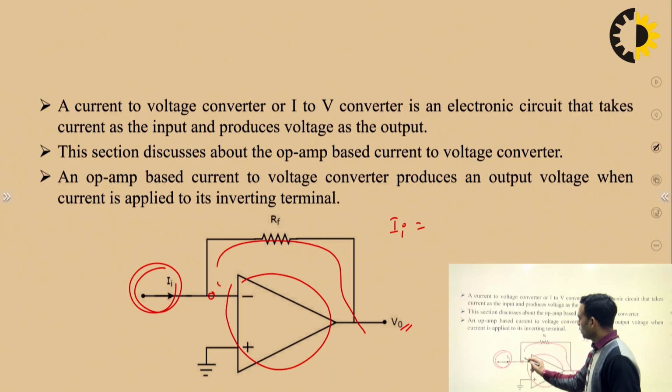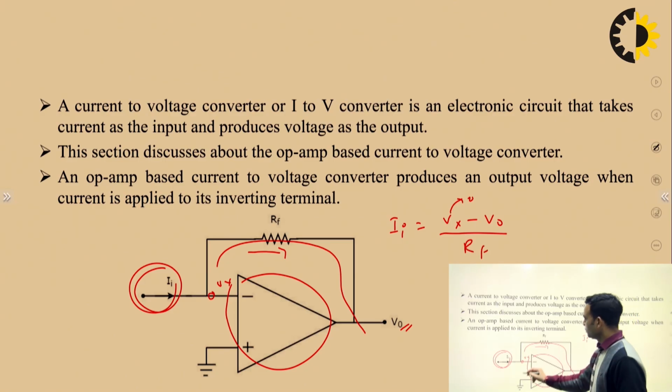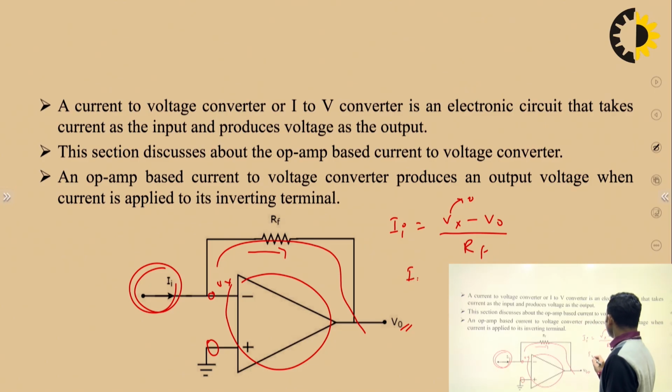The potential of this point, that is Vx, minus V0 upon Rf, and Vx is 0 by virtual ground. So II will be equal to minus V naught upon RF.